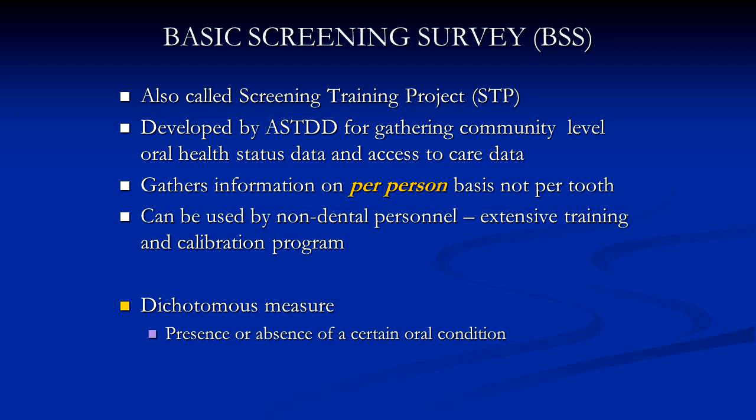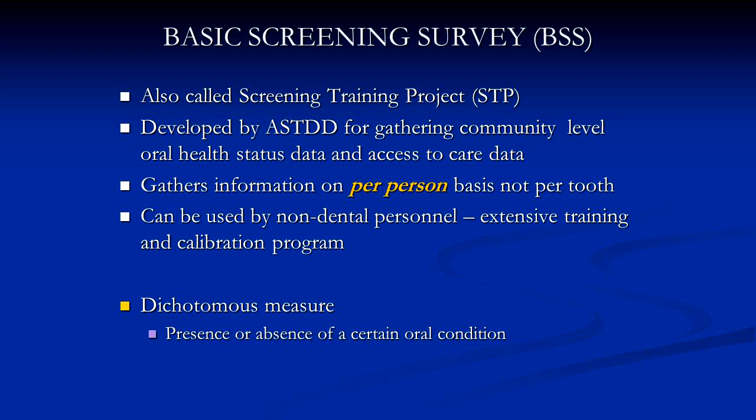This BSS gathers information on a per person basis and not a per tooth. So basically what that means is that as a researcher, I would look at a person's mouth for something specific that I was interested in.